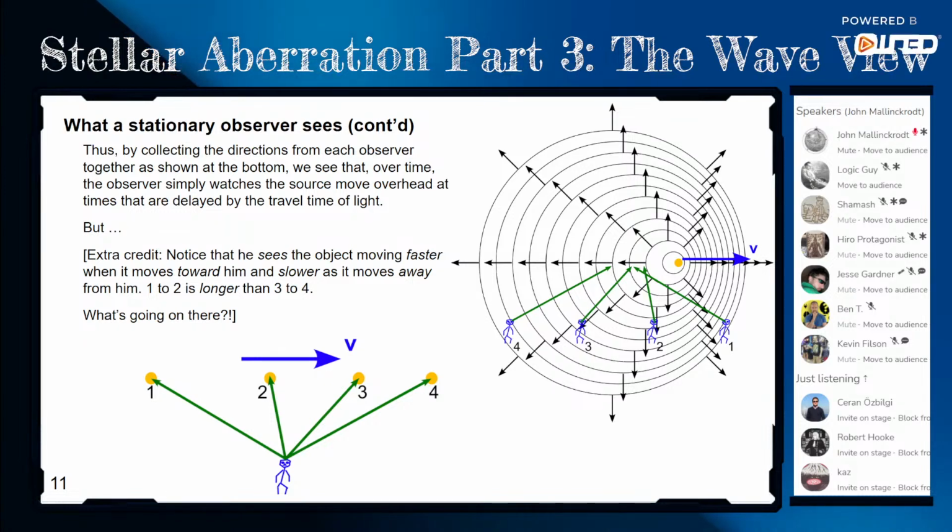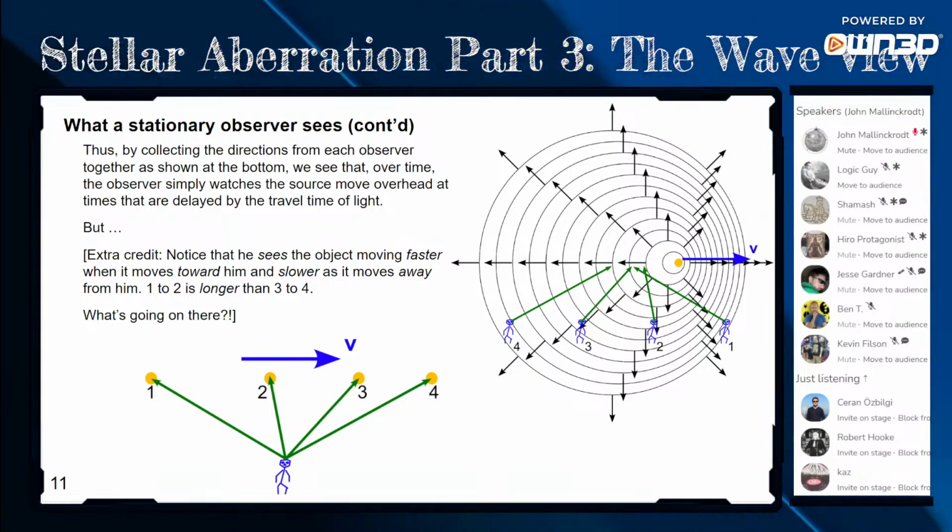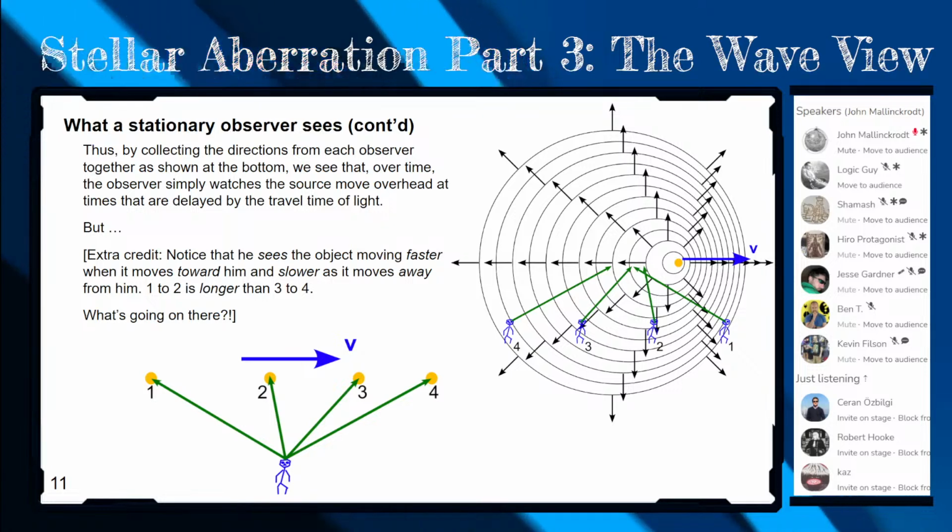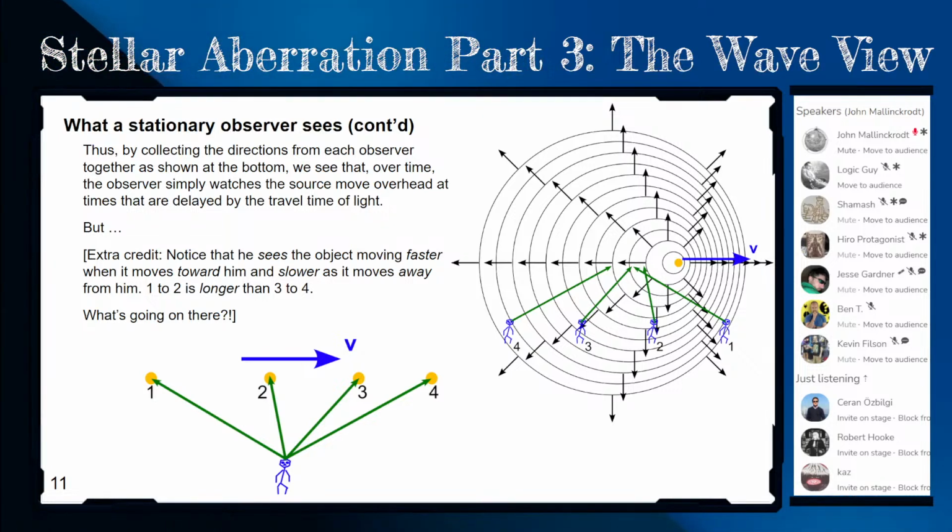When it moves away from you, it's going to look like it's moving really slowly, because for every successive distance that it goes, the light takes longer to get to you. So you don't see it get to that next position until even longer than when it was at the previous position. Just the opposite happens on the way in.